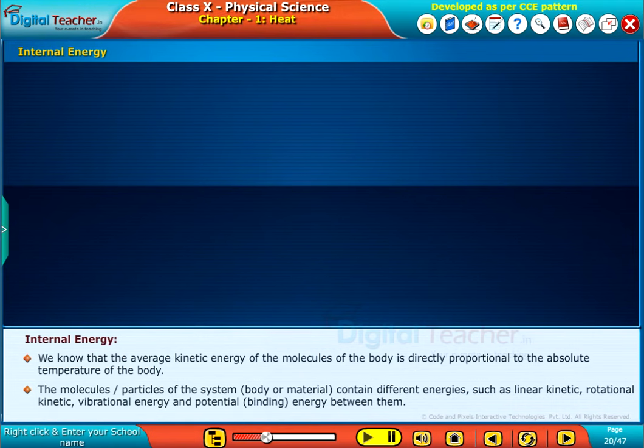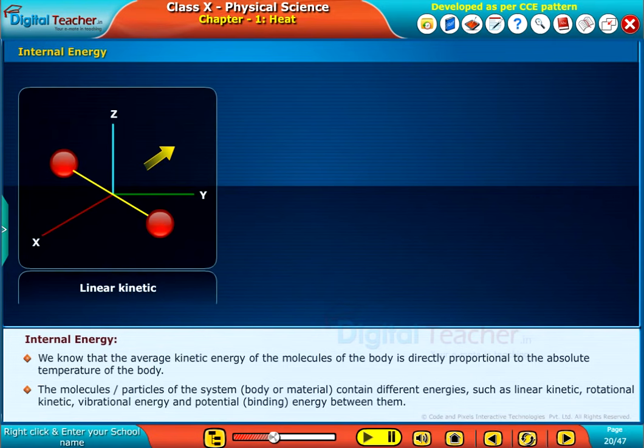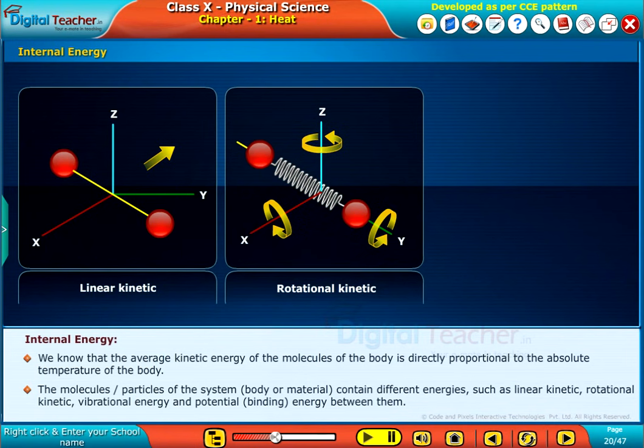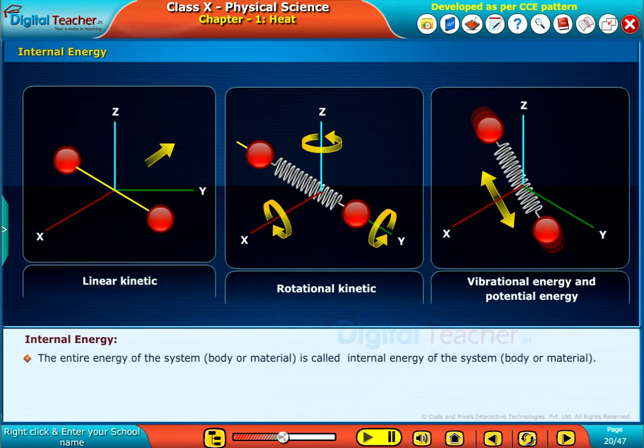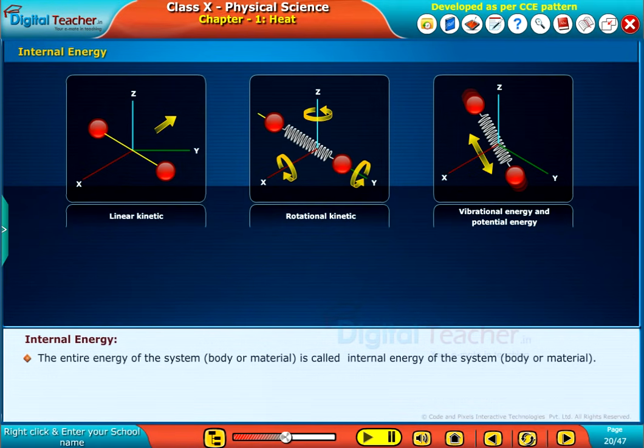The molecules or particles of the system, body or material contain different energies such as linear kinetic, rotational kinetic, vibrational energy and potential binding energy between them. The entire energy of the system, body or material is called internal energy of the system, body or material.